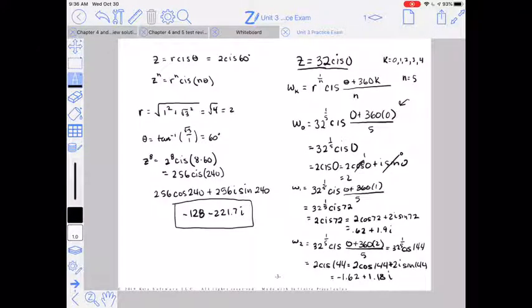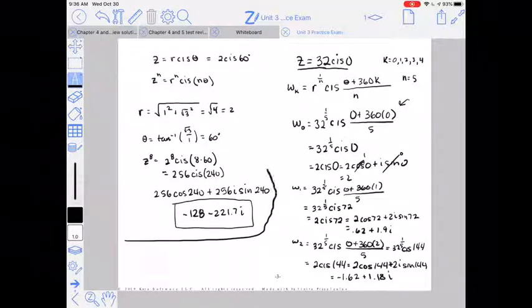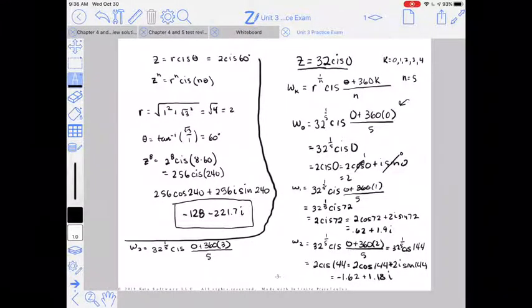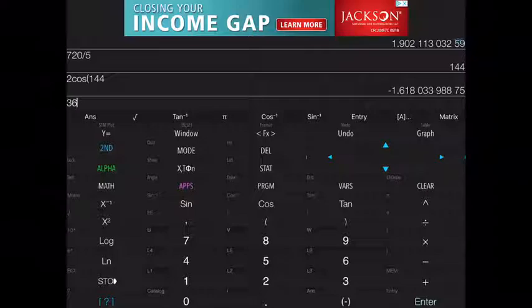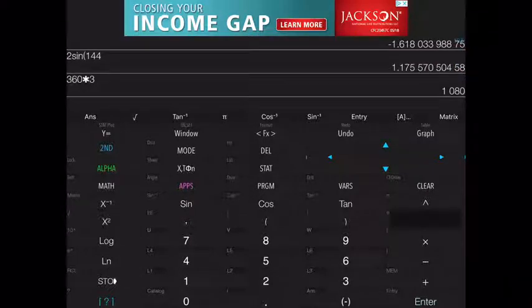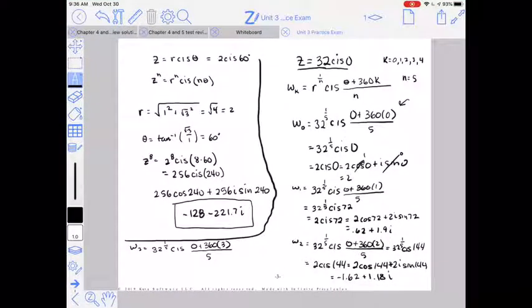Now we need W3. So 32 to the 1/5, cis of 0 plus 360 times 3 divided by 5. So that's 216.